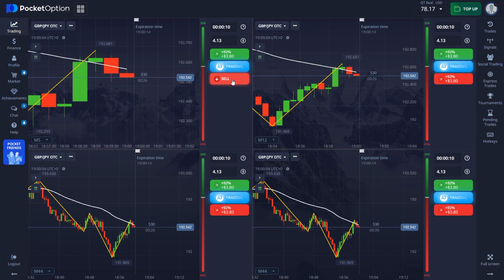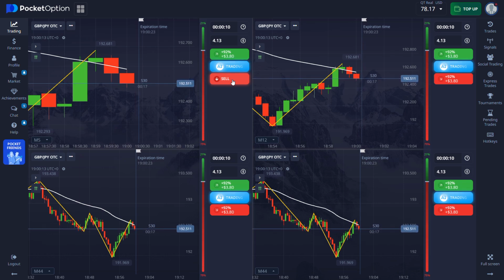Is it pushing up a little bit? They didn't push up. Hesitated a little bit over there. So let's see how the next candle is going to look.